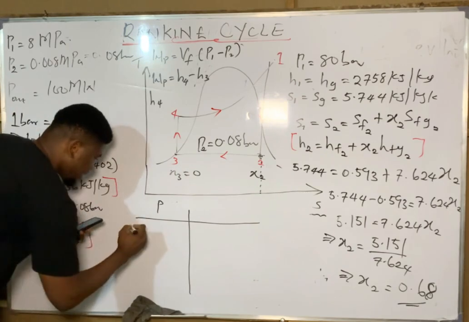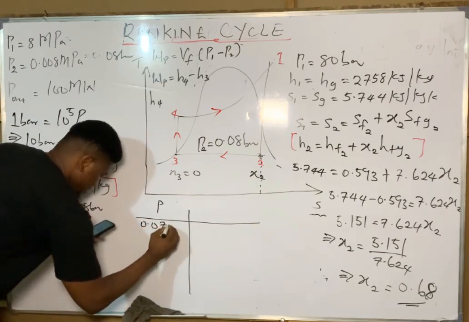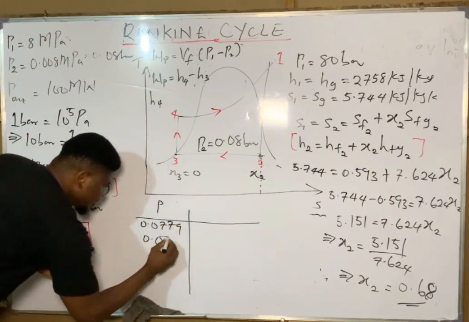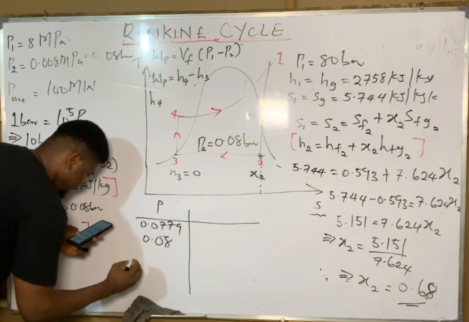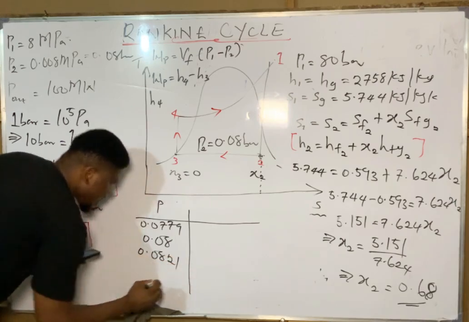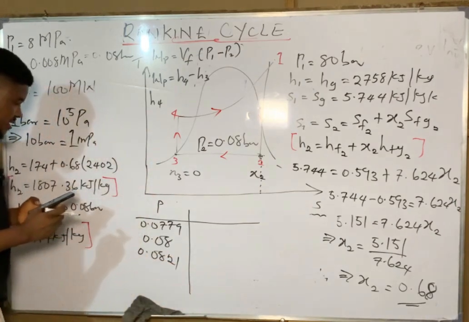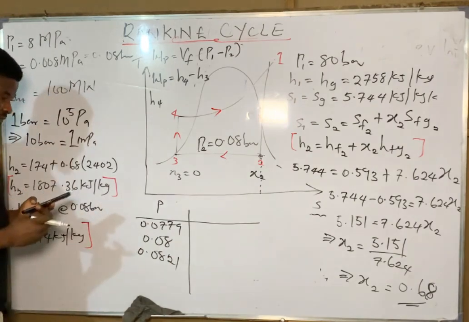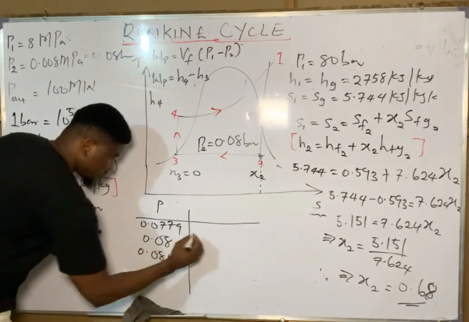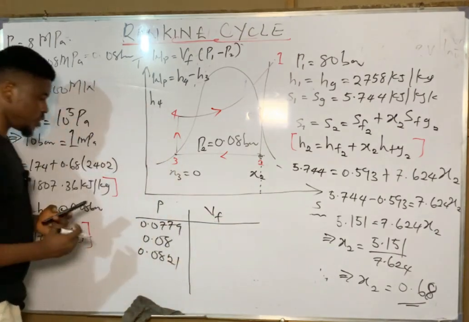The first pressure there is 0.0779. What we're looking for is 0.08. And what we have next is 0.0821. By this interpolation, we can find the volume corresponding to 0.08. So what we're looking for is the volume of the fluid.